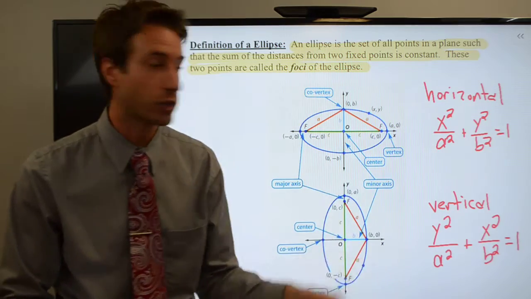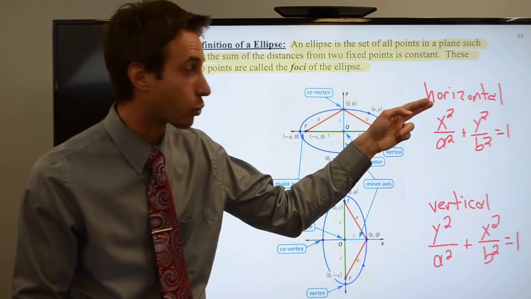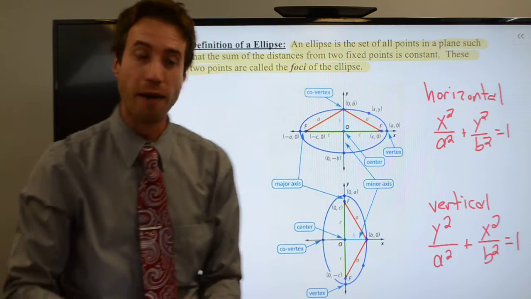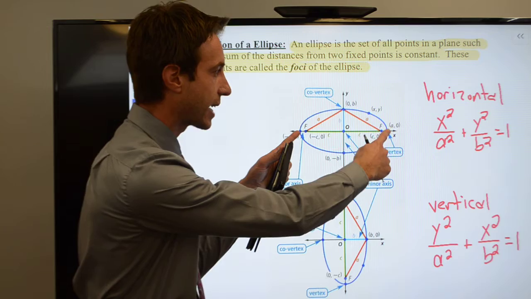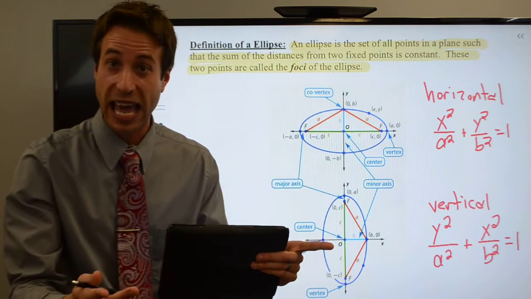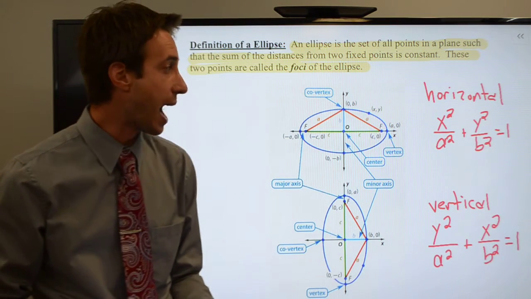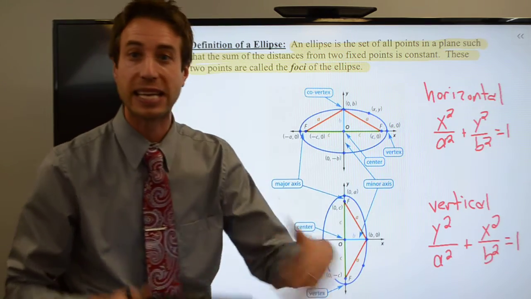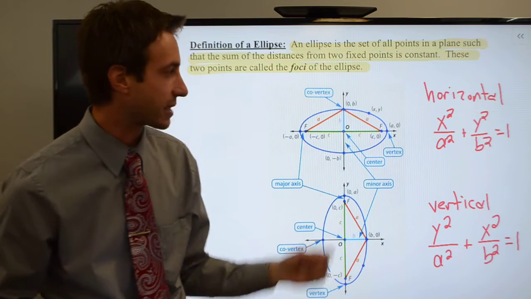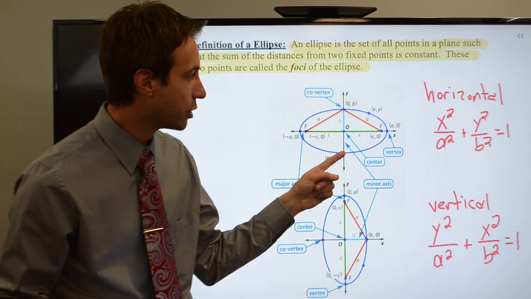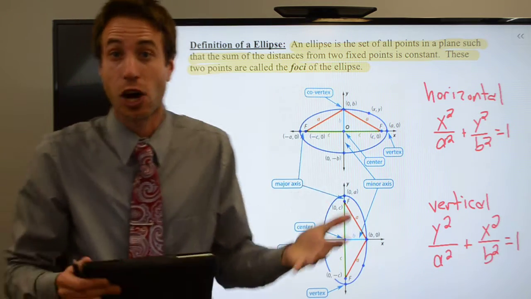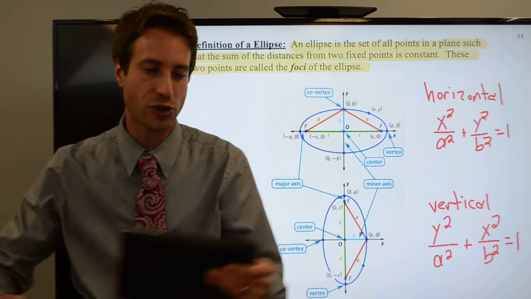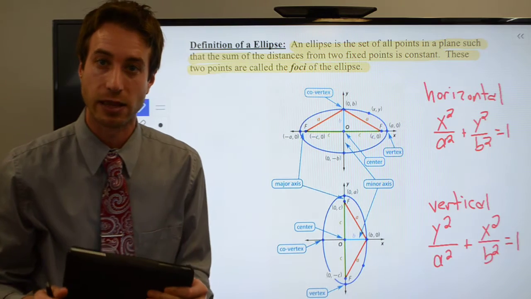So because it's horizontal, the x squared comes first and goes over a squared, because a represents the length of the major axis from one vertex to the other vertex. Then the y is oriented vertically and it's over b squared because b is always the minor axis, the distance from one co-vertex to the other. It's a constant, a number. We will find some number a to represent the length of the major axis, some number b to represent the length of the minor axis.